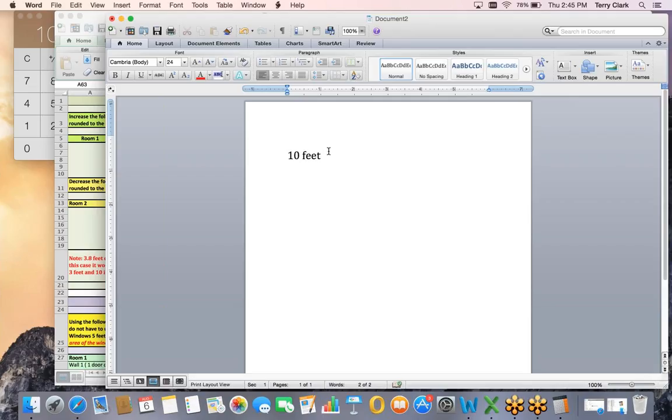We can decrease that by 2/3 two ways. If we're talking about decreasing it, we could take 1 minus 1/3, which is going to give us 10 times 2/3. Or another way we can do it is take 10 minus 10 times 1/3, like this.